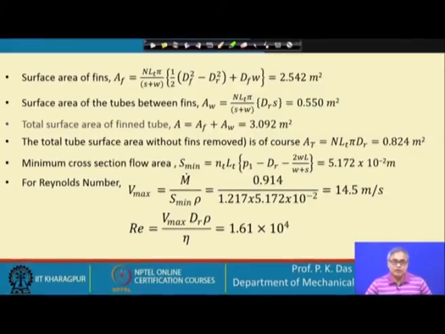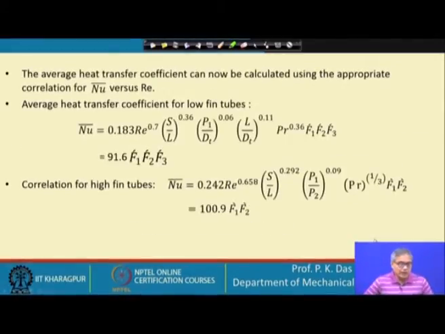So, let us go to the next slide. The average heat transfer coefficient now can be calculated. We can calculate the average Nusselt number, with this kind of formula I have given earlier. So, this is your Nusselt number, and then there are two factors.